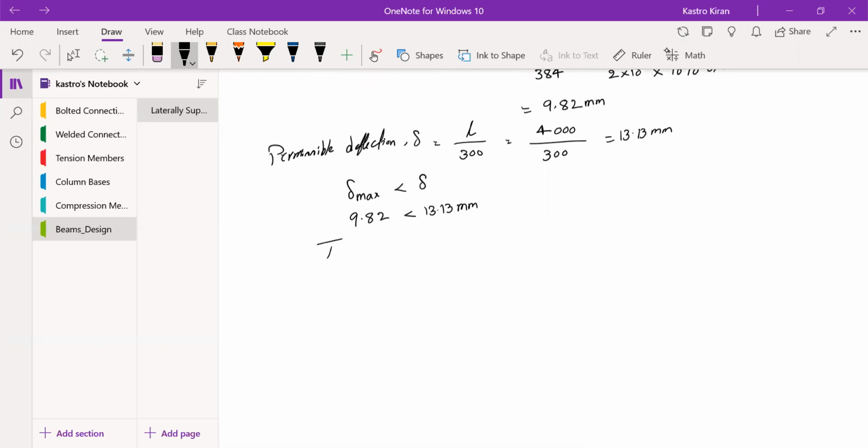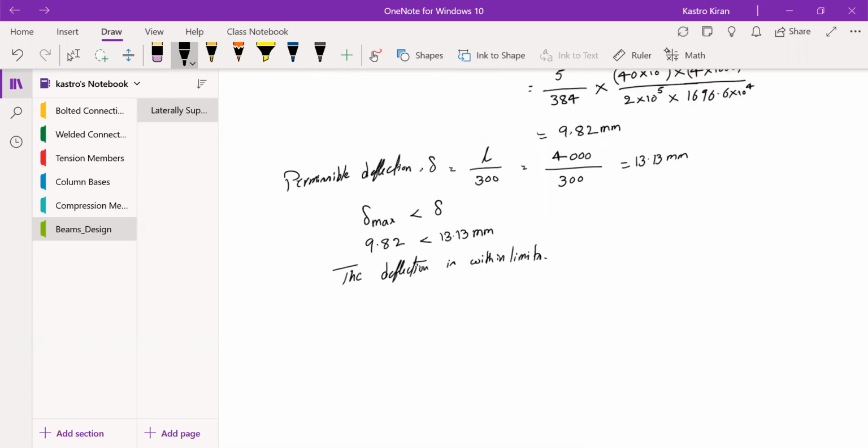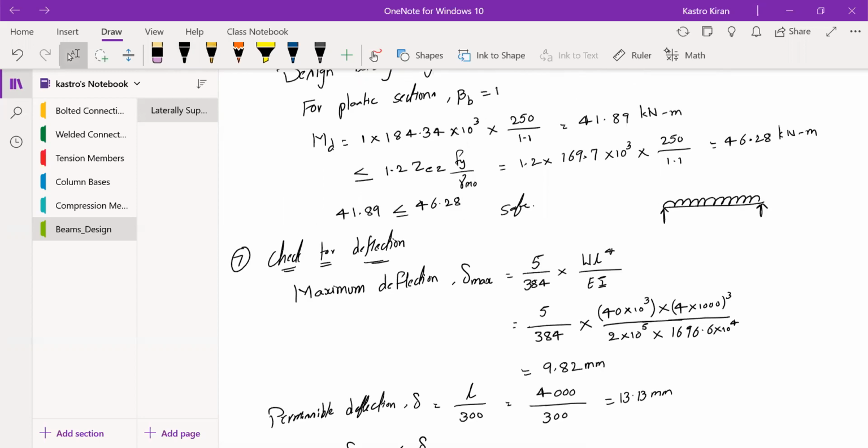So the deflection is safe, or the deflection is within limits. This is how you have to find out the check for deflection.